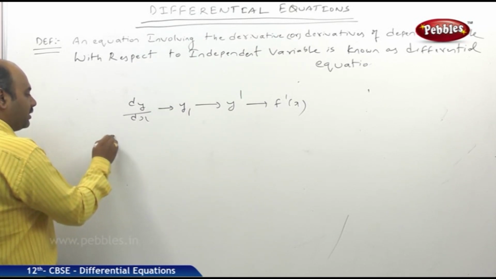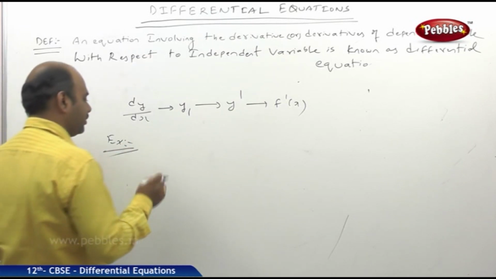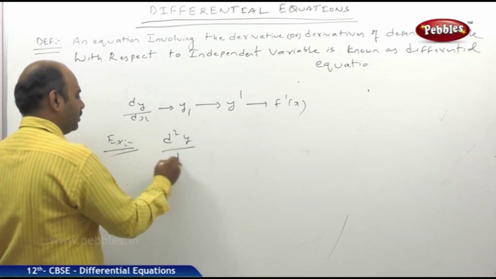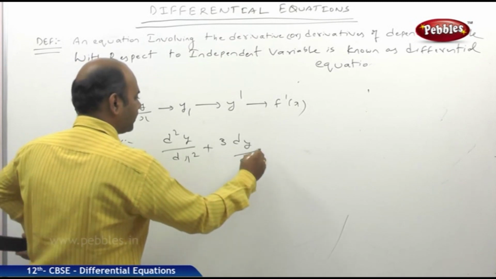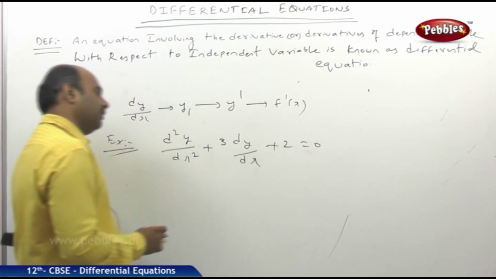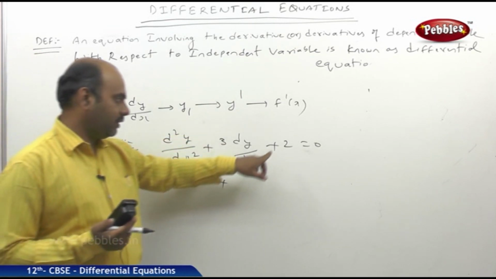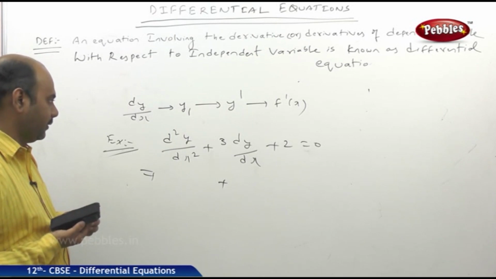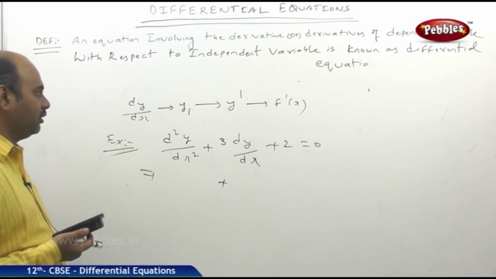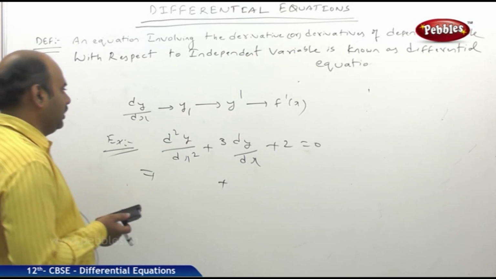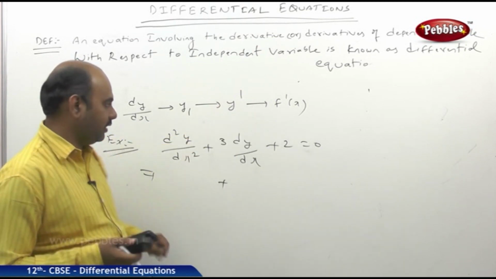For example, while manipulating or while doing calculations I need to go by an easy process. A question is given to you: d square y by dx square plus 3 into dy by dx plus 2 equal to 0. Here we will be writing in terms of y1. dy by dx is nothing but y1, or y dash, or f dash x.